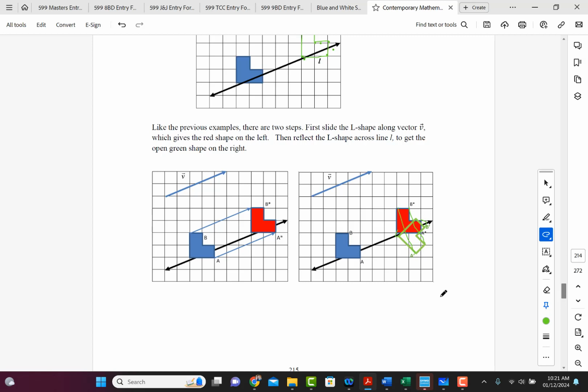Okay, and that's how we do it. So again, like the previous examples, there are 2 steps. First, slide the L-shape along the vector V, which gives the red shape on the left, and then we're going to reflect the L-shaped red shape across L to get the open green shape on the right as our final figure.